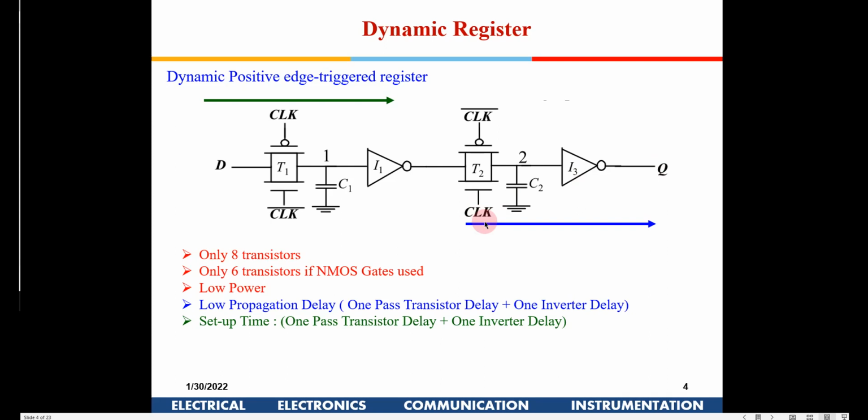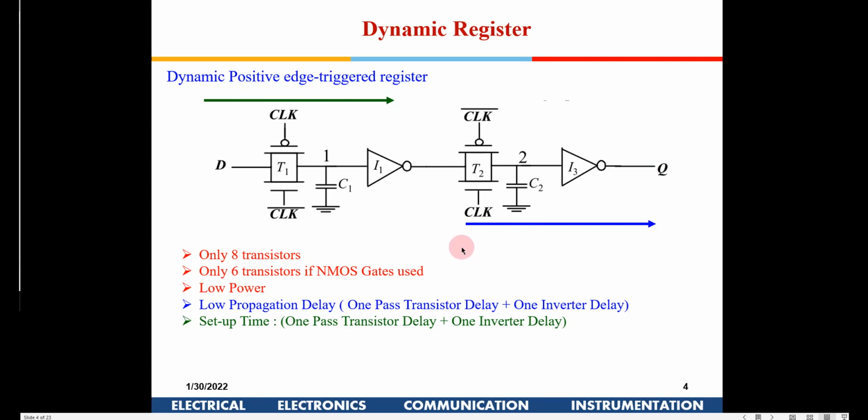Like you said, that much time it might take, but the way we have defined it is from the rising edge of the clock. So before the rising edge, D is stabilized, and from there to the output, how much time does it take? Is it okay now?